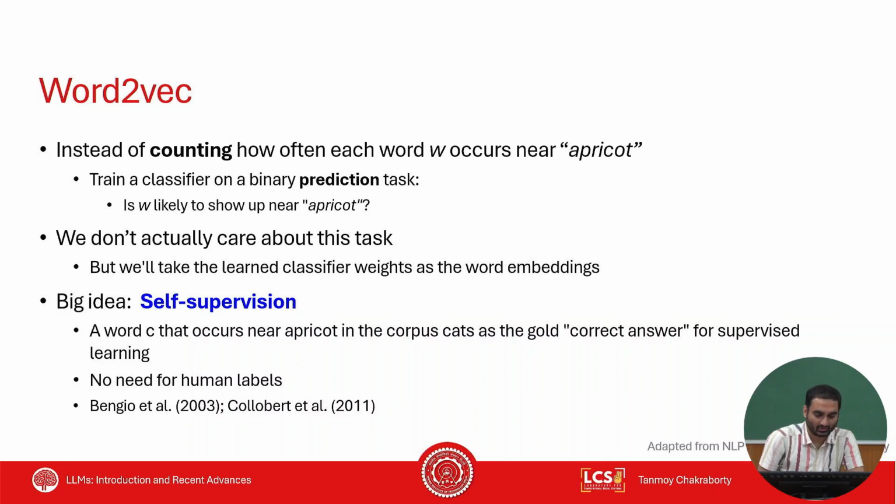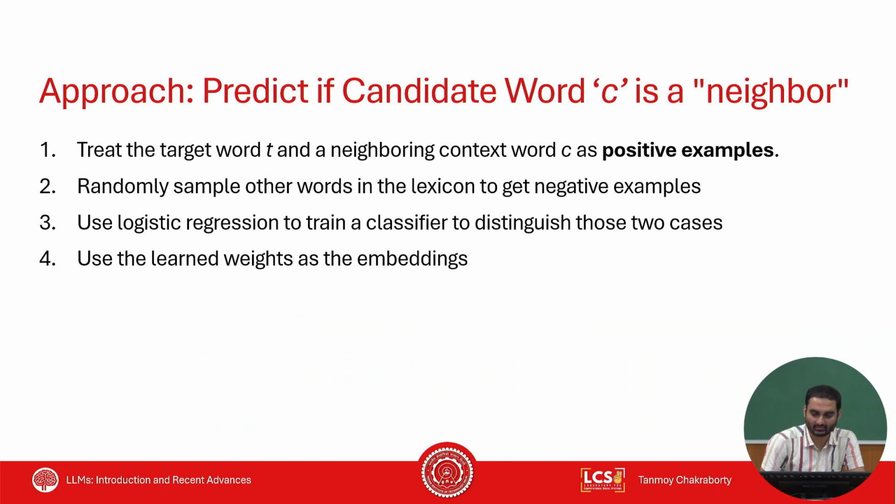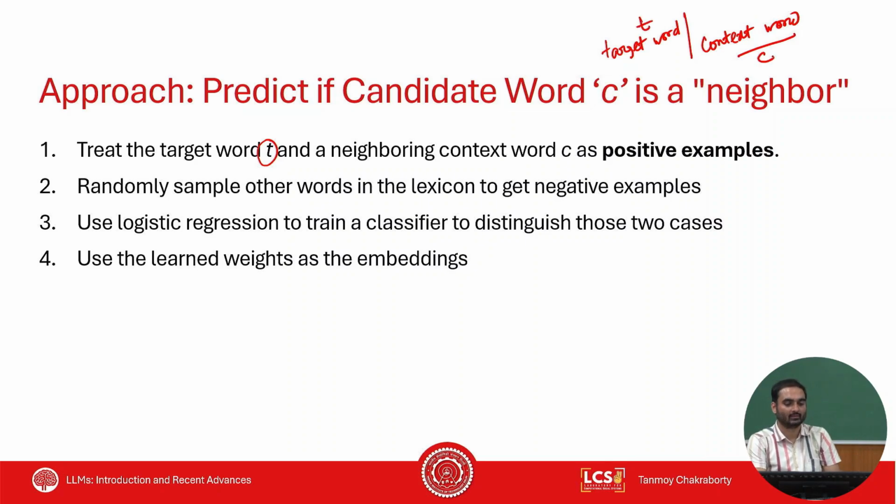Okay, so let's look at the approach. We have a target word T. Now remember, we will use two terminologies: one is called the target word, and the other is called the context word, T and C. Given a particular target word, I will look at what the context words are.